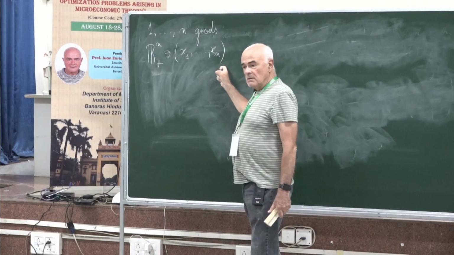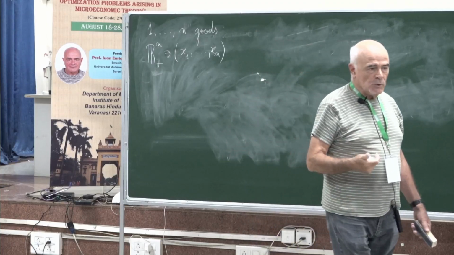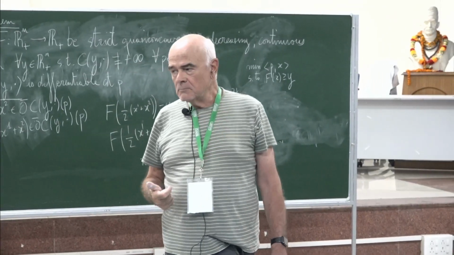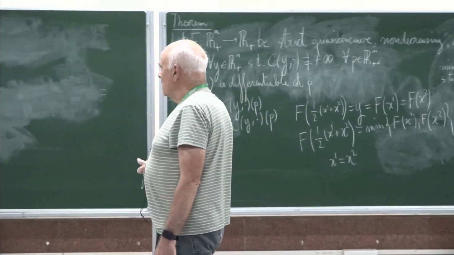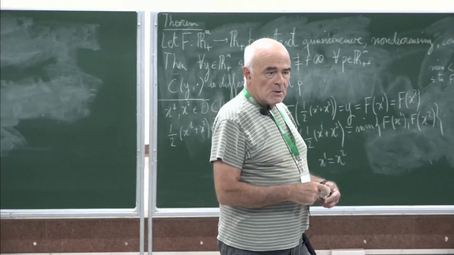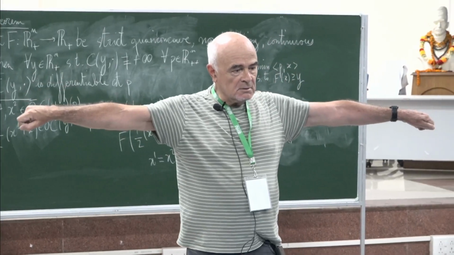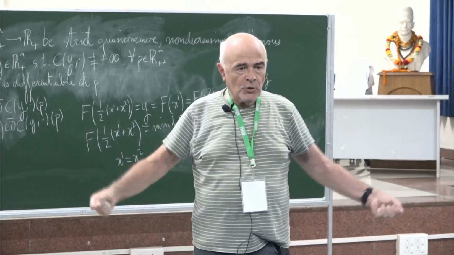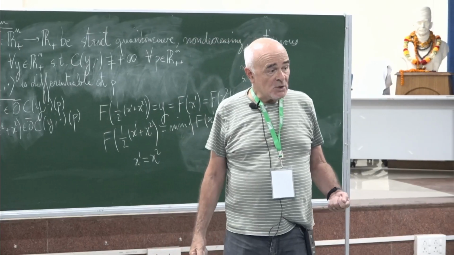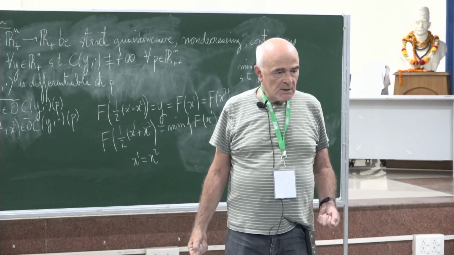This commodity bundle contains x1 units of good 1, x2 units of good 2, etc. And we consumers have preferences over such bundles. If I offer you this bundle and this bundle, you will choose one according to your preferences. So your preferences are described by a so-called total preorder. This is the assumption.